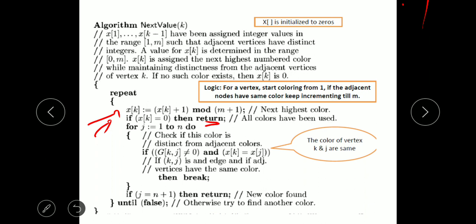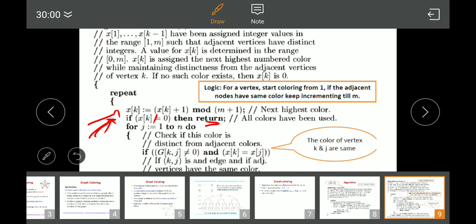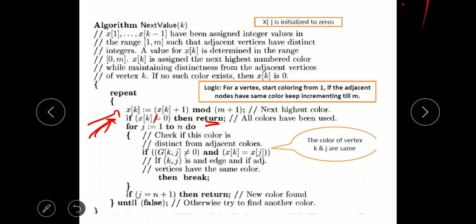And in case x of k is not equal to 0, that is, you have assigned a new color to x of k, then you again begin with a for loop where j ranges from 1 to n, so that you check to see if there exists an edge between these two vertices k and j, and you have not assigned the same color to vertex k as well as vertex j. If there is an edge between k and j and the colors assigned to k and j are both the same, then again you are going to break.